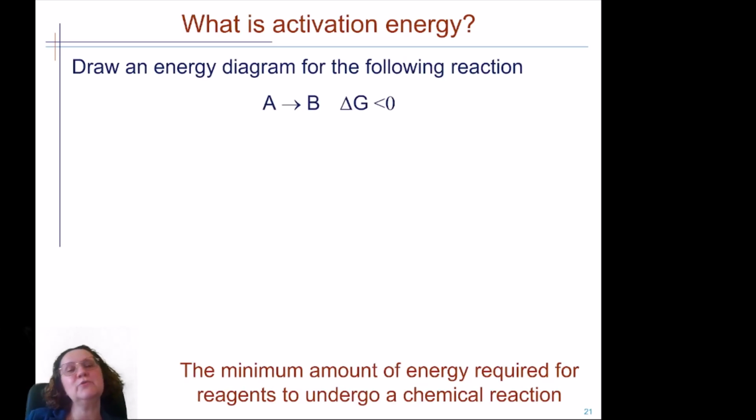To understand the role of a catalyst in affecting reaction rates, we need to understand first what activation energy is. Activation energy is the minimum amount of energy needed for reagents to undergo a chemical reaction.